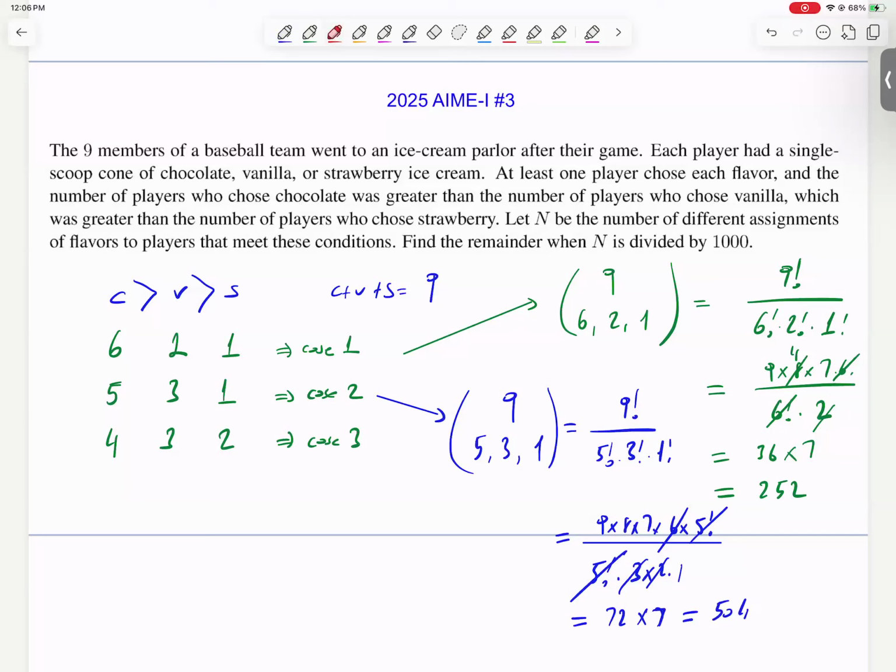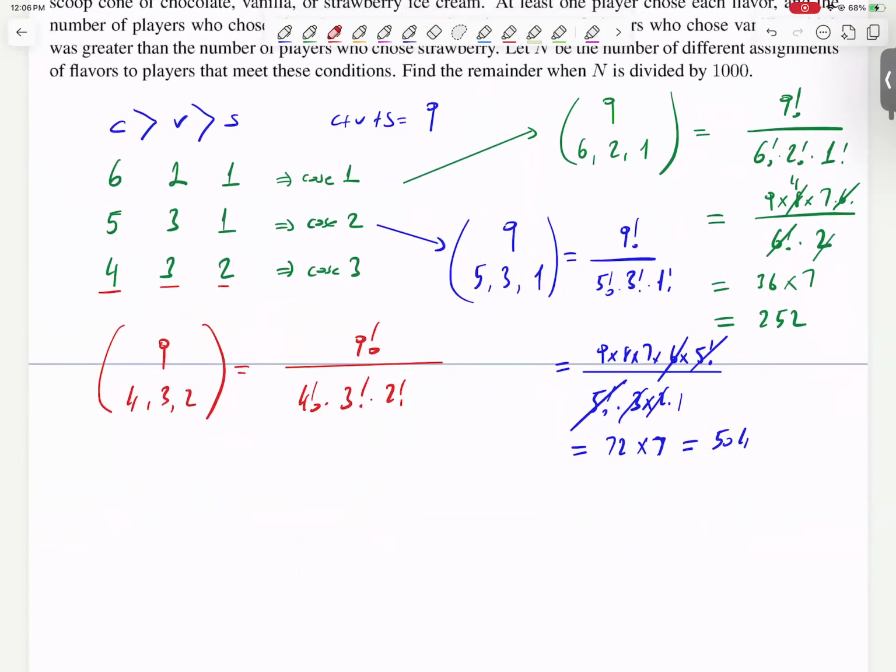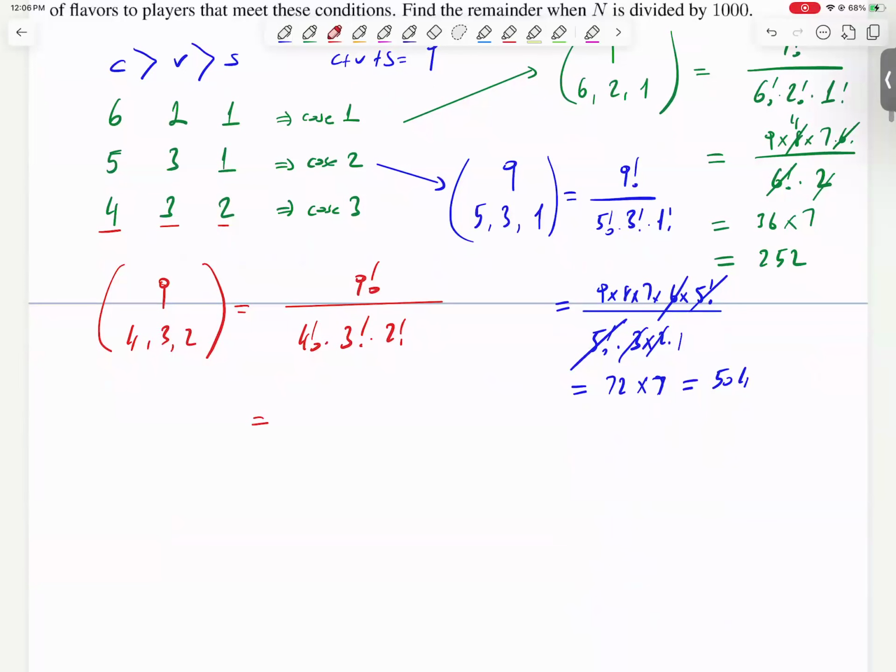And let's get the last case, which is 9 choose 4, 3, and 2. That is equal to 9 factorial divided by 4 factorial, 3 factorial, 2 factorial, which is equal to 9 times 8, 7, 6, 5, 4 factorial divided by 4 factorial. 3 factorial is 6, 2 factorial is 2.